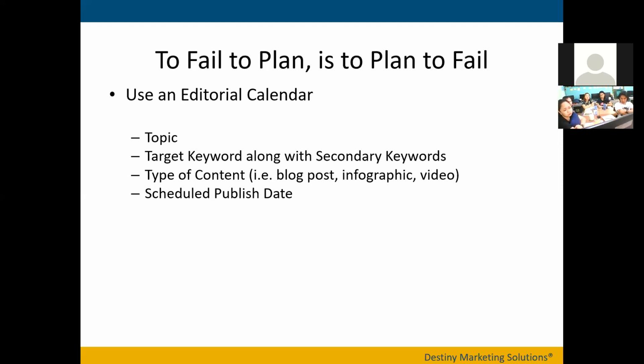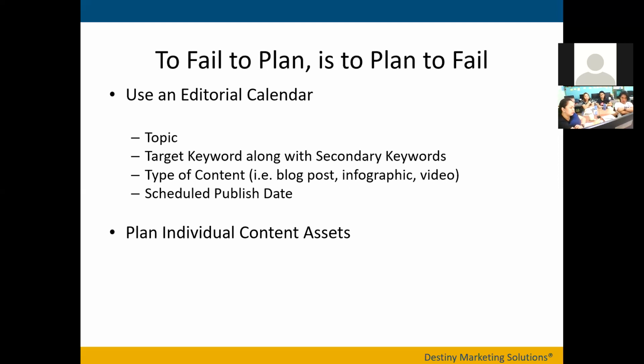And then finally, you want to have some type of scheduled publish date. More than anything, this is to keep you accountable. If your goal is to have a new blog article once per week, then set every Friday you publish a new blog on your website. That will help you stay accountable and reach your content goals.